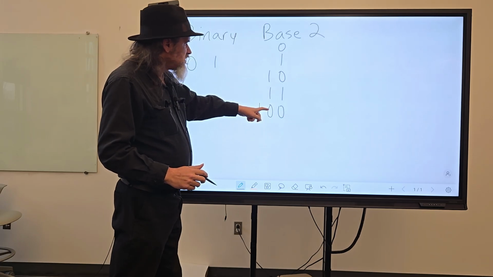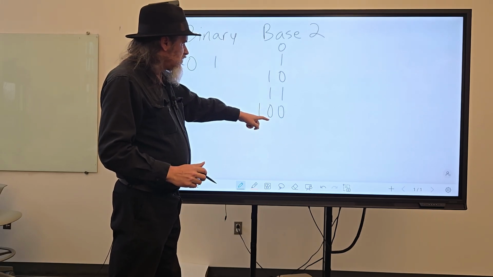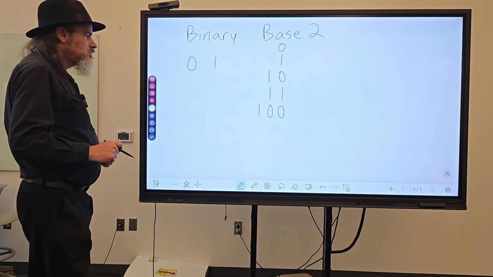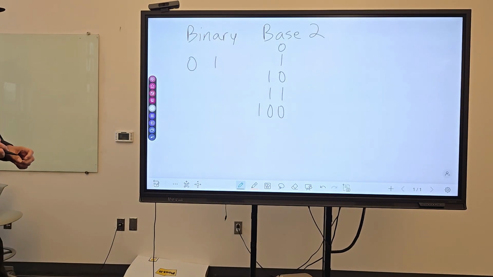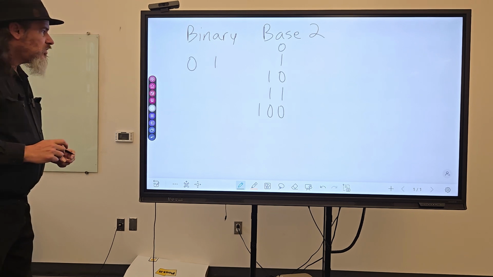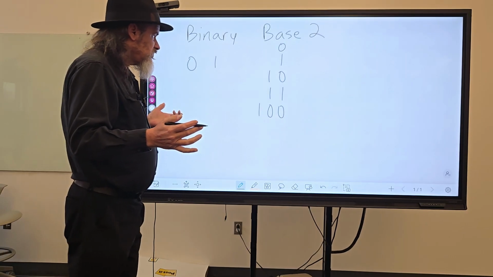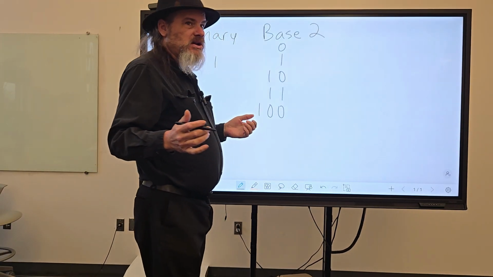Add 1 and 1 is 0, carry 1 over into the third column. So that's how counting can be done.